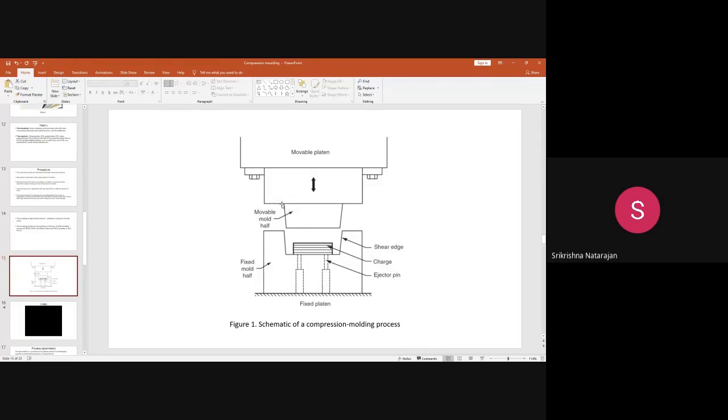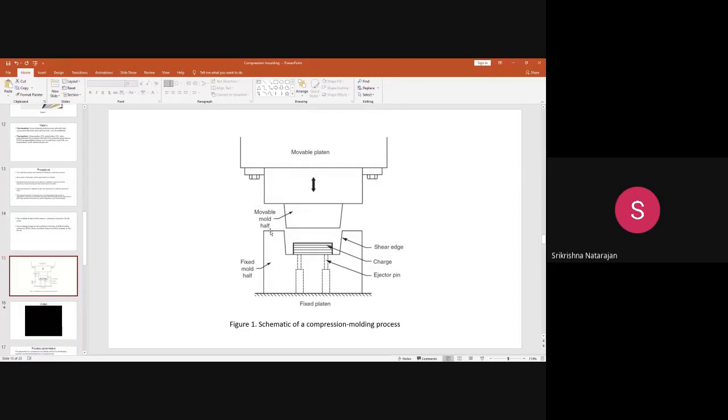At the upper half, you can see there is a movable mold half, which will come and close over this lower half. You can see there is a shape, and there is a small space kept here, along with a shear edge. This space is kept intentionally because when the movable mold comes down and compresses the BMC or SMC, the resin will melt and come outside.